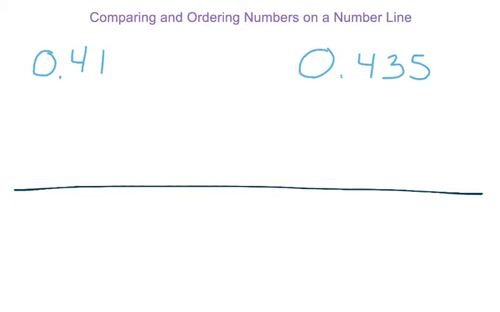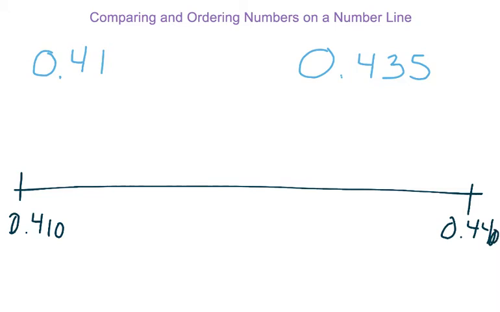So this will be 41 hundredths, and way over here is going to be 44 hundredths, which is the same thing as 410 thousandths and 440 thousandths.